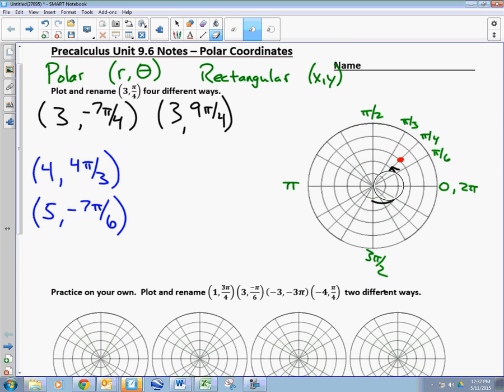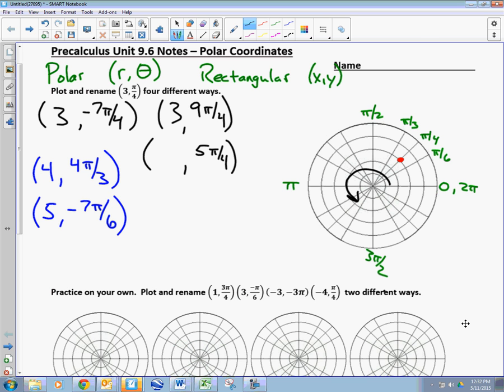I will show you something now that will be different to you. Instead of rotating pi over 4, I'm going to rotate to the other side of pi over 4. What's on the other side of pi over 4? 5 pi over 4.